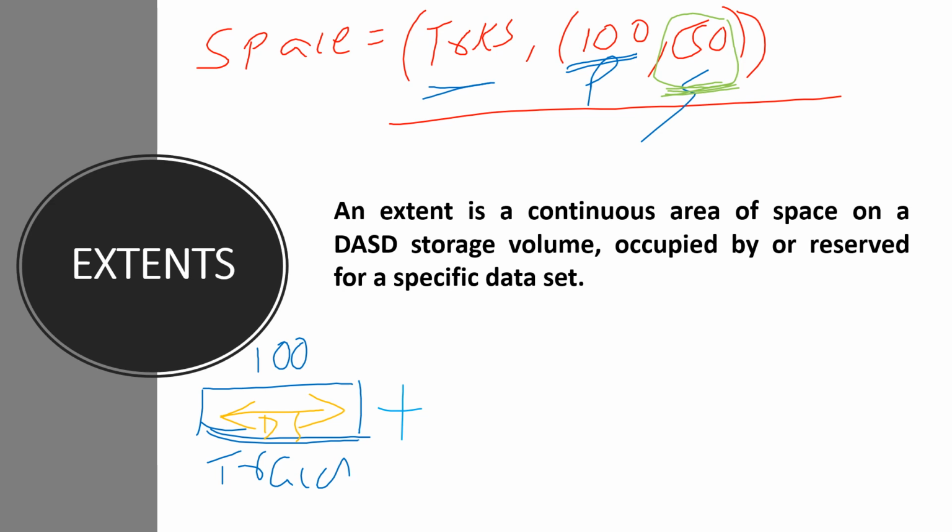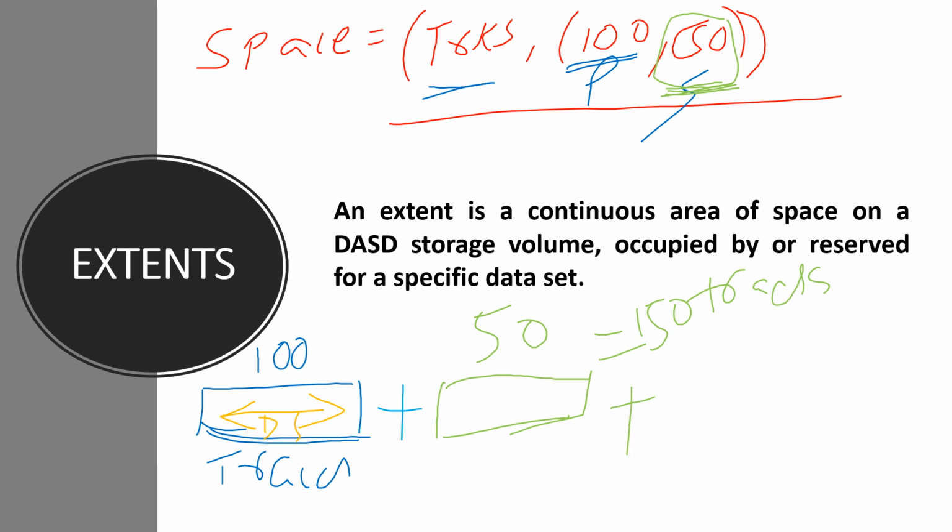When it goes to the 101st track, the allocation provides you 50 tracks of secondary space. Now your data set has 150 tracks of space. Then again you need the 151st track, as more data goes into the data set, so your data set will take another 50 tracks.